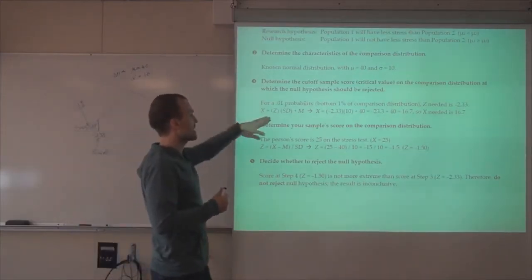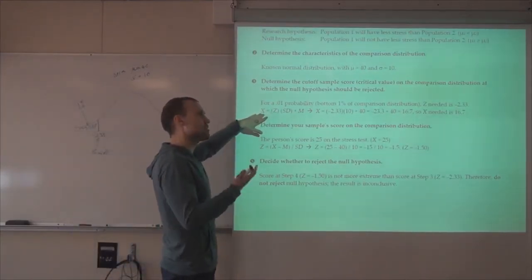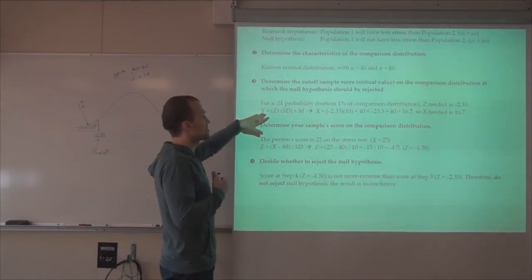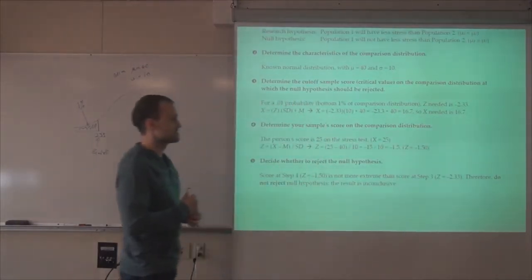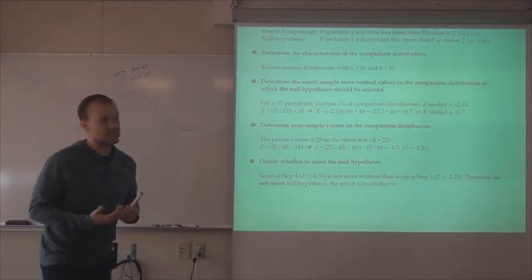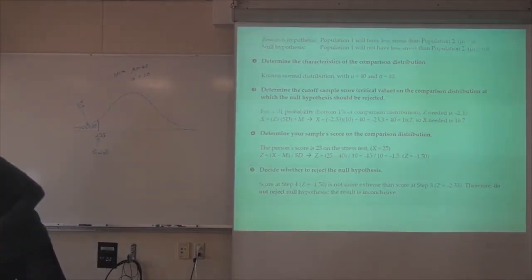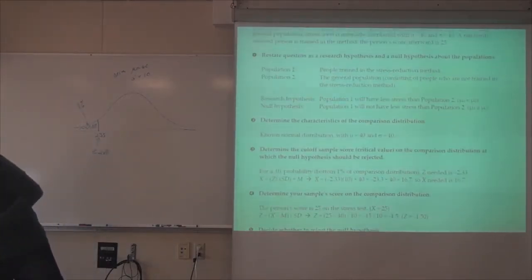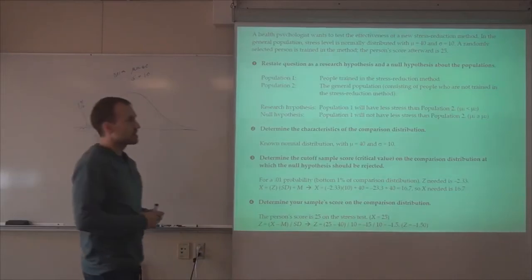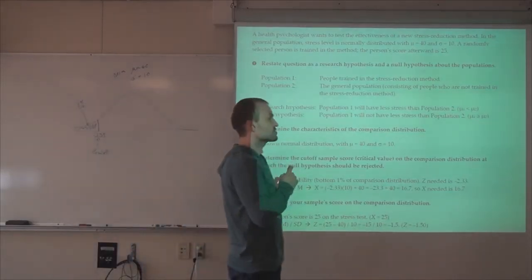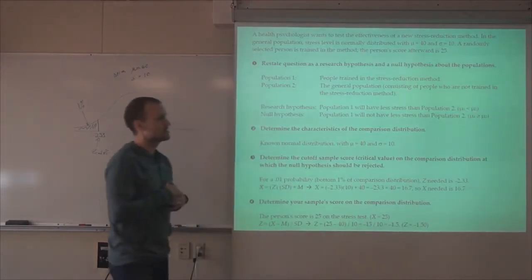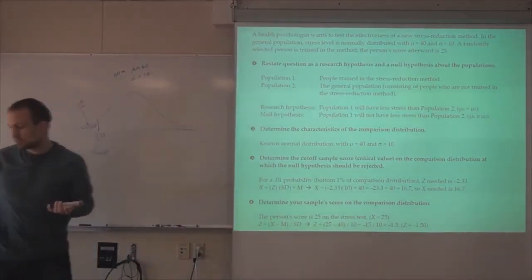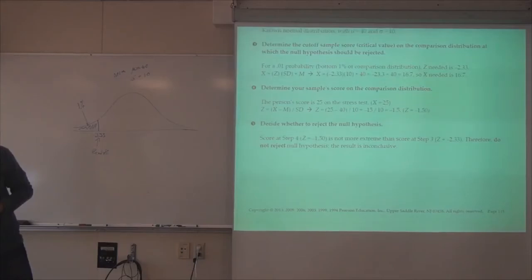I can look at what raw score corresponds to that cutoff, and I see it is 16.7. Then I can compare my sample value, which was 25. Clearly 25 is not as extreme as the 16.7 cutoff line. So I could have just gotten that without any change in the population.